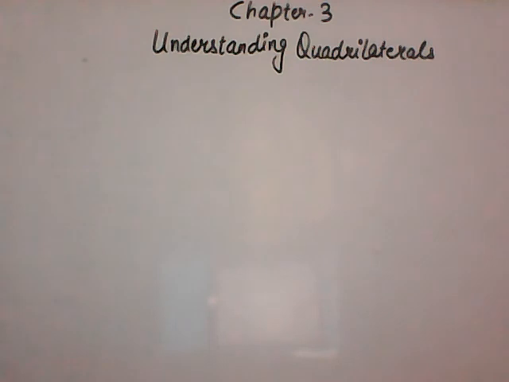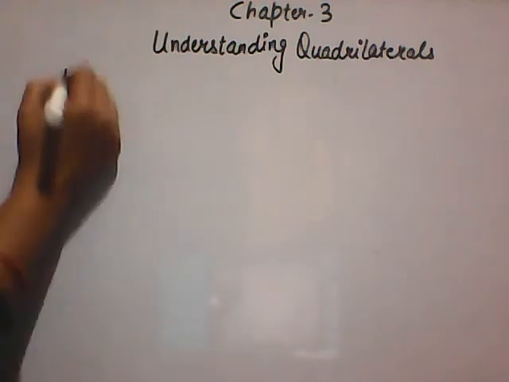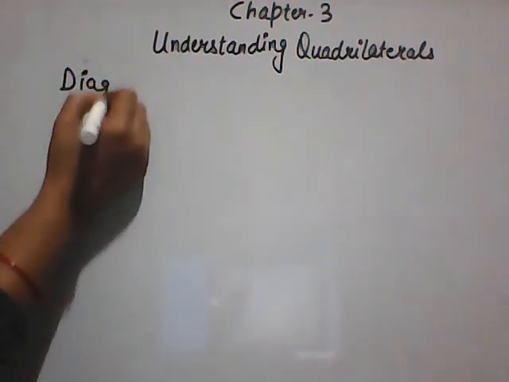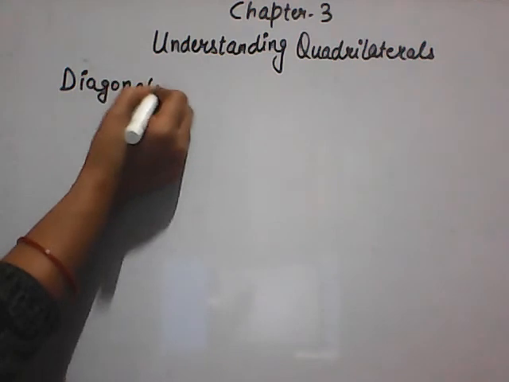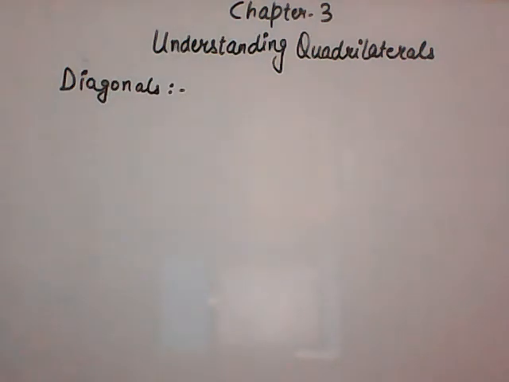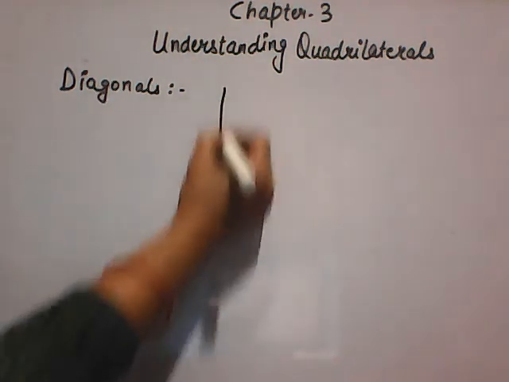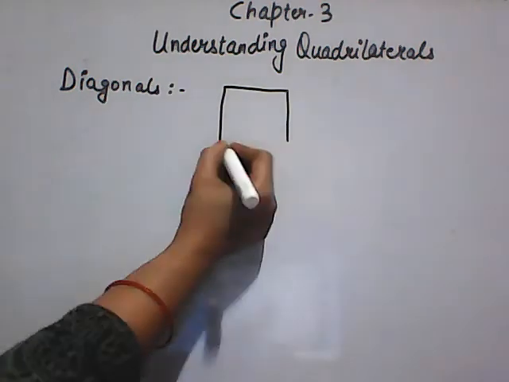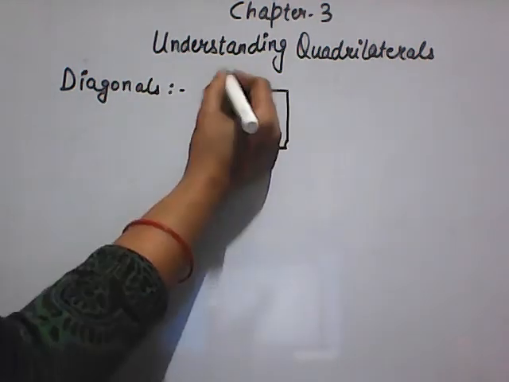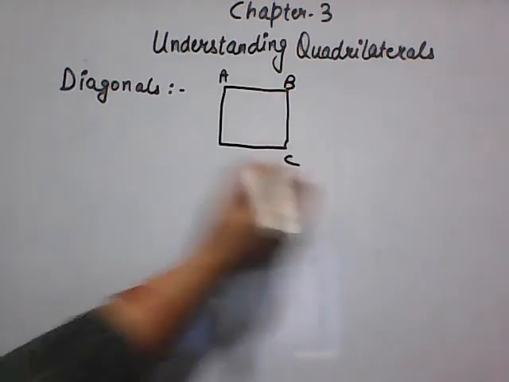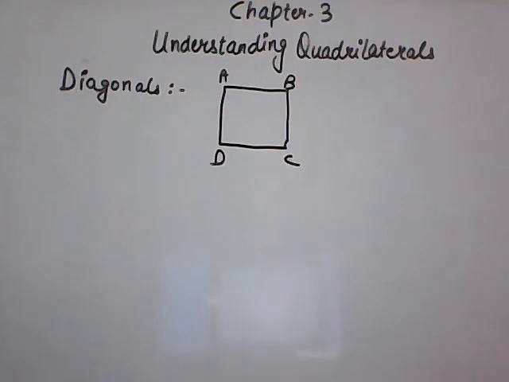Next concept is diagonals. Now what do you mean by diagonals? Line segments obtained by joining vertices which are not adjacent are called diagonals. Suppose this is a figure A, B, C, D. The line segment obtained by joining vertices which are not adjacent.